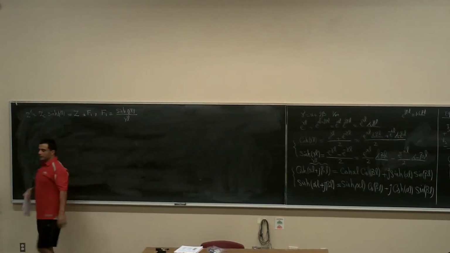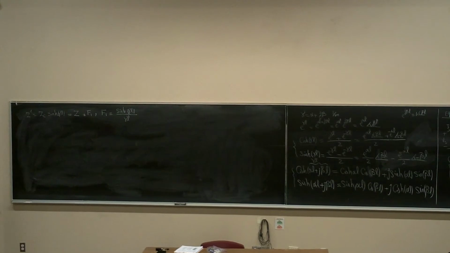See? The Z prime value for the long transmission line is the Z value for the medium line, the way you did for the medium line, times the factor F1, which is given here.